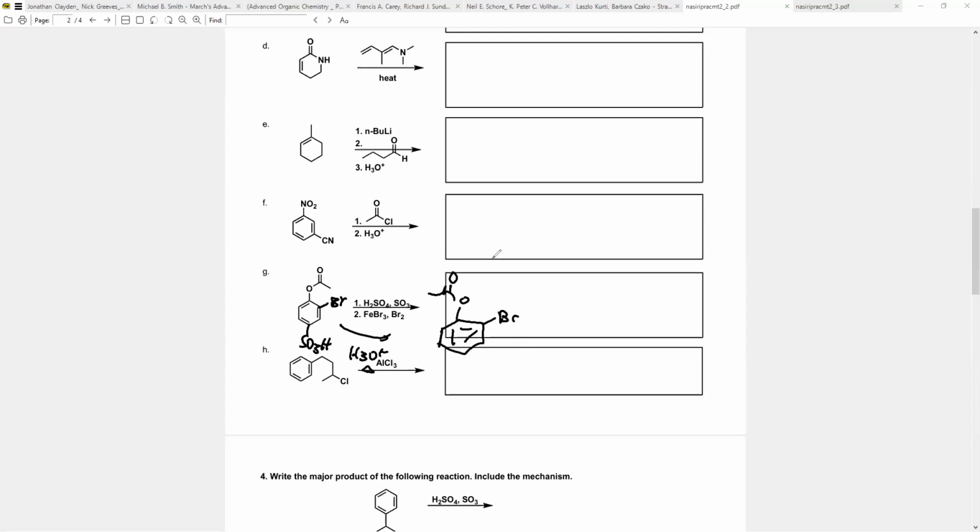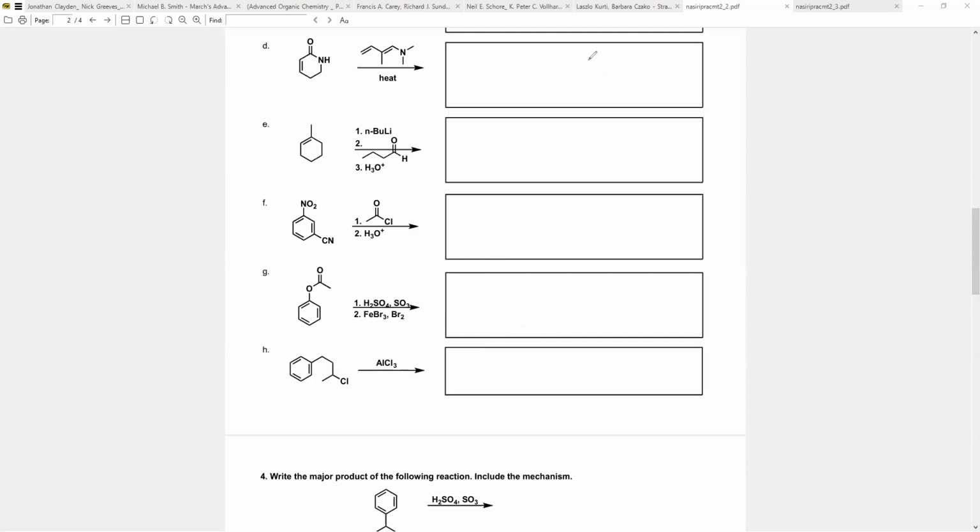So if you end up with a product that is ortho substituted only, don't just throw on the activating group and then do ortho-para direction once and add the thing ortho. It's not the point, right? The point is to do the sulfonation first and then the whatever is ortho. Okay, cool.